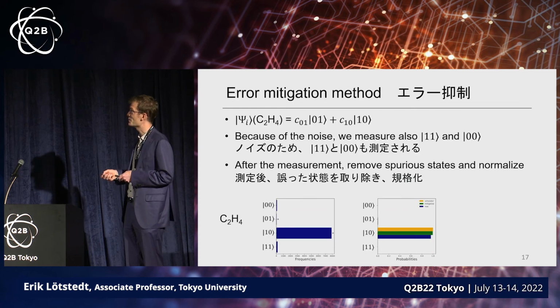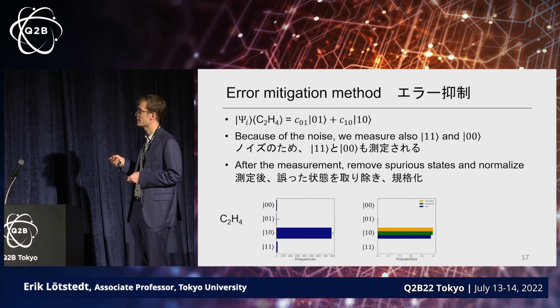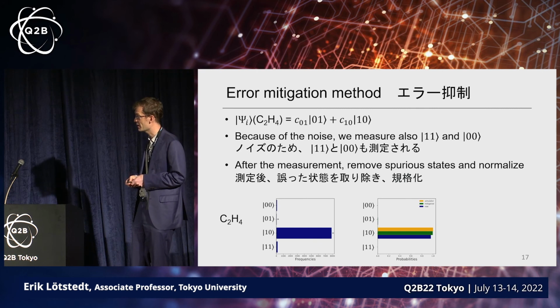Yeah, then about the error mitigation. Here we applied also a simple version of error mitigation, simply throwing away the unwanted states. Because we can measure the energy of the orbital at the same time as the population of the states, we can get a diagram like this, that for this C2H4, we should only measure 1, 0 and 0, 1.